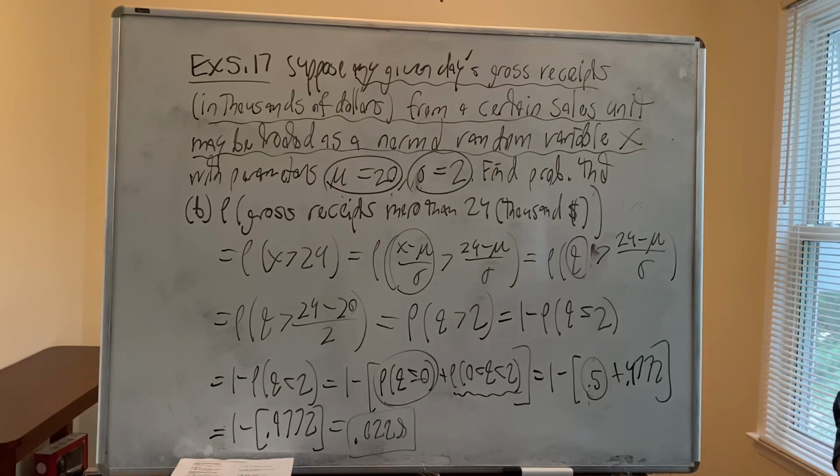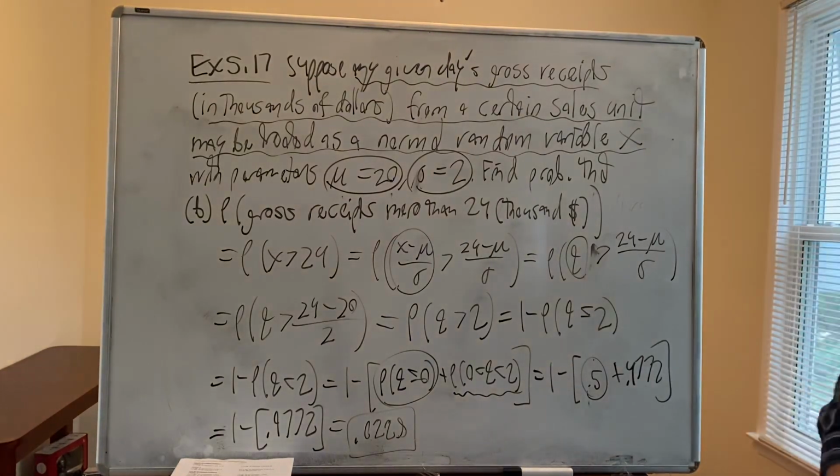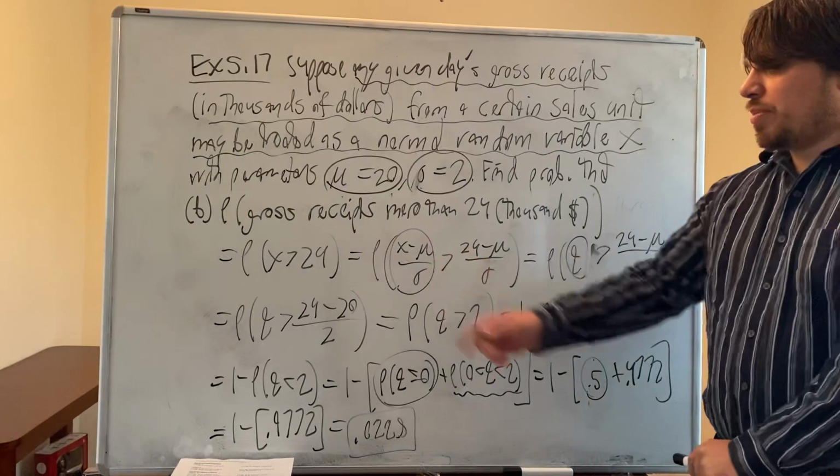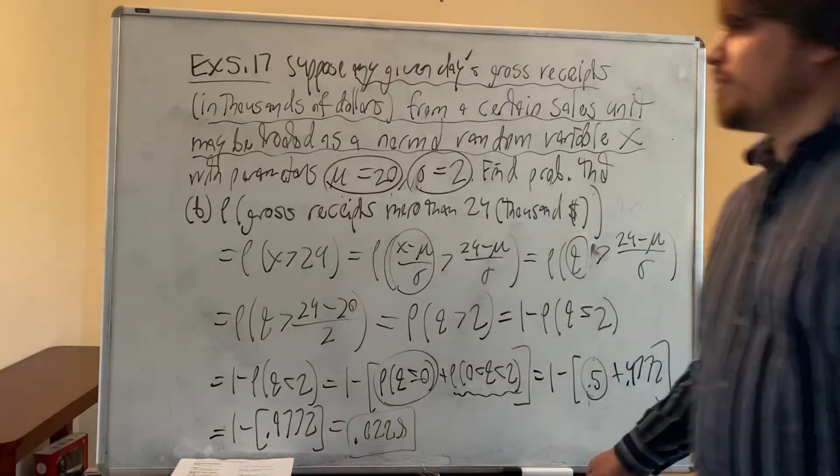So we've seen a few examples of this method. Right? X minus mu over sigma. So we keep doing that.